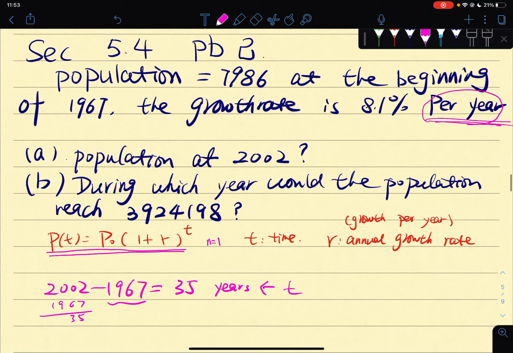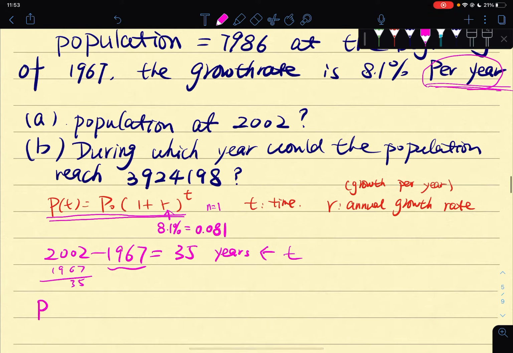It also says my annual growth rate is 8.1%, which you can write either as 8.1% or 0.081. Either one works. So at the year 35 years later, I'm going to have my initial population, which is 7986, multiplied by the growth annually, 1.081, and I grow it for 35 years.